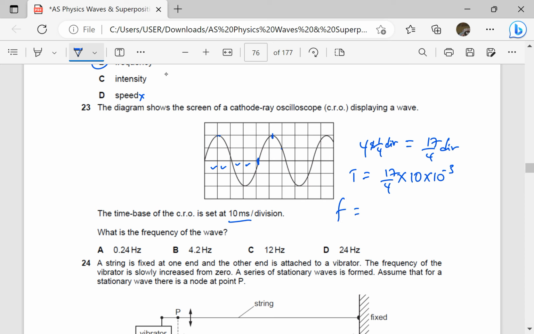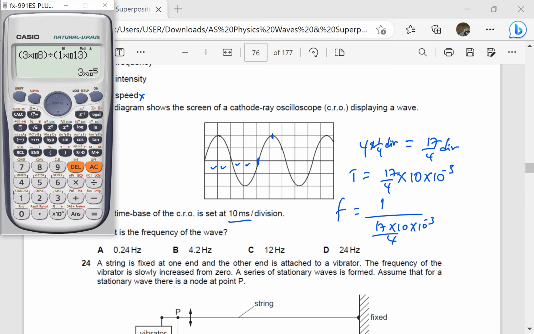Then the frequency is going to be 1 over 17 times 10 times 10 to the power negative 3 divided by 4. Did I compute this correctly?